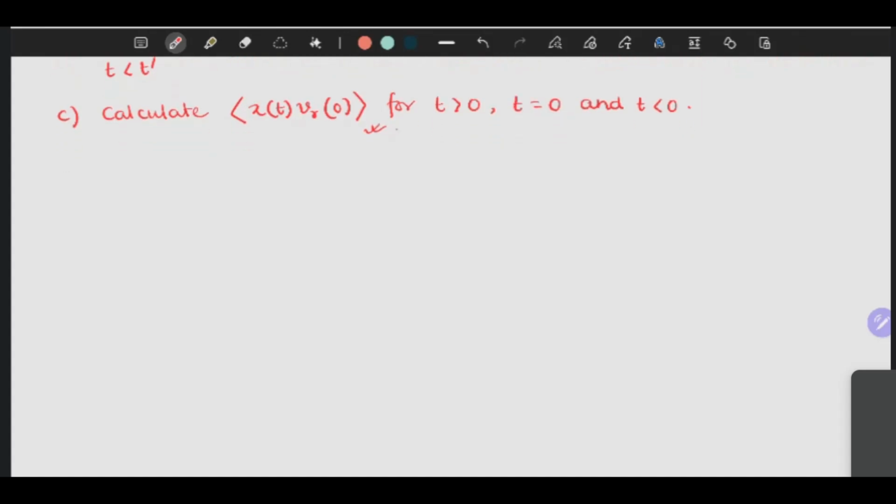So you cannot say that t greater than 0 will be the same as t less than 0, because x(t) v_r(0) does not hold time reversal symmetry.